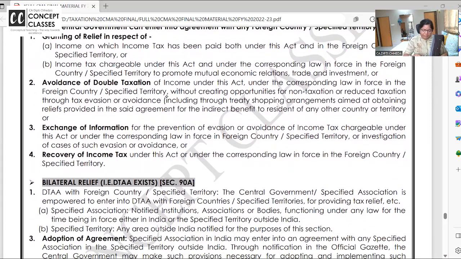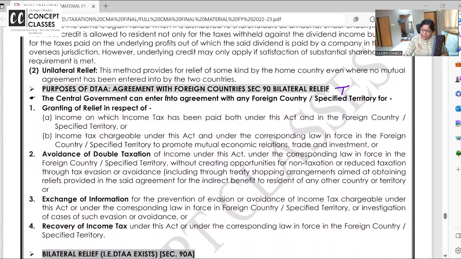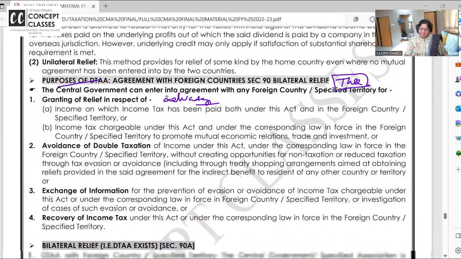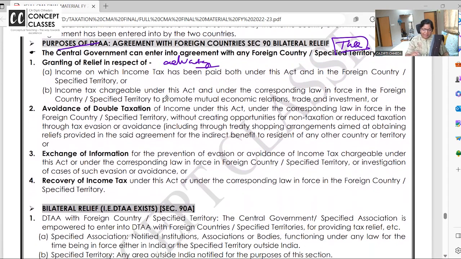And bilateral relief. Now a theory question here. What is the purpose of having DTA? What are the advantages of having an agreement with a foreign country? More than 100 countries, I said, we have agreements. So what is the benefit? First is granting of relief.